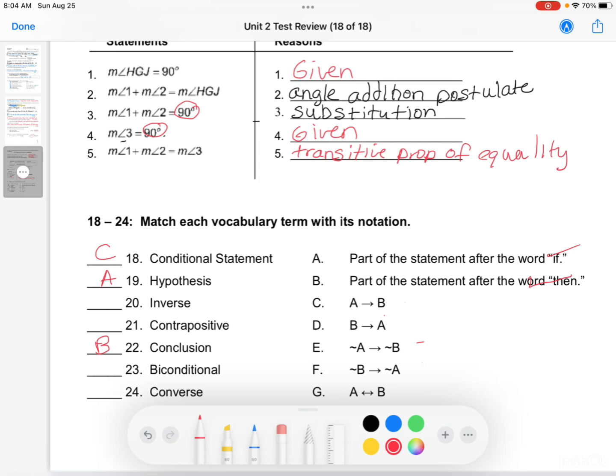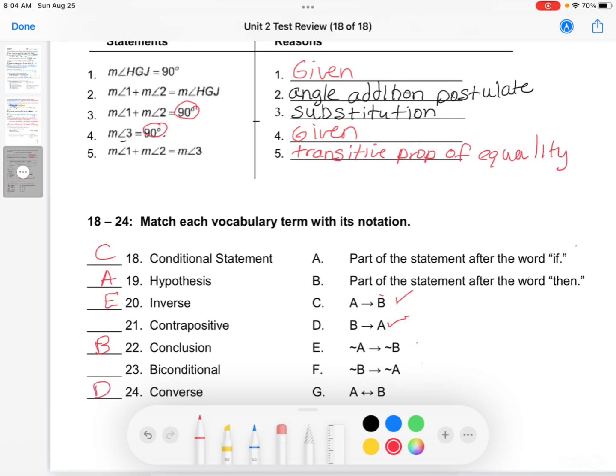Then the inverse is going to be putting not and not into it. So remember, this was the conditional, and then these are adding nots into it. That's the inverse, so that's E. The converse is when you take the conditional and you reverse them from each other. So again, this is my conditional, and then I'm reversing it here, and that's going to be the converse.